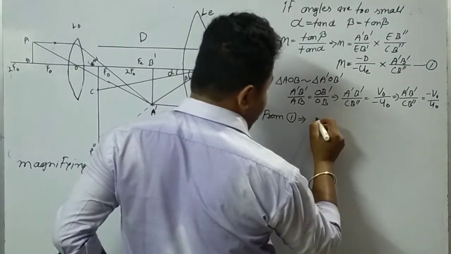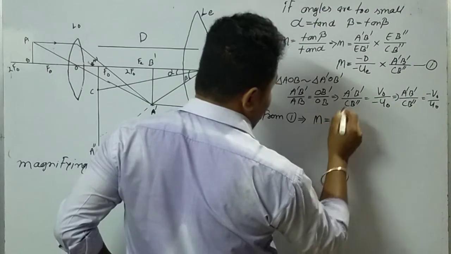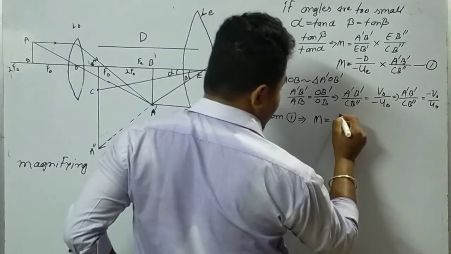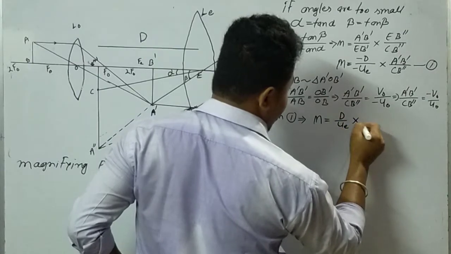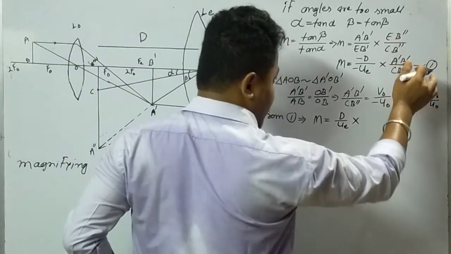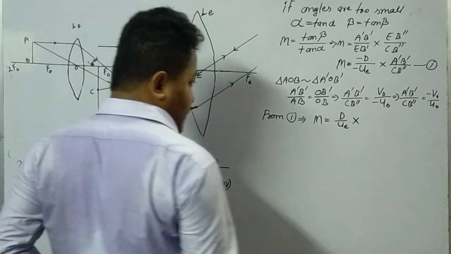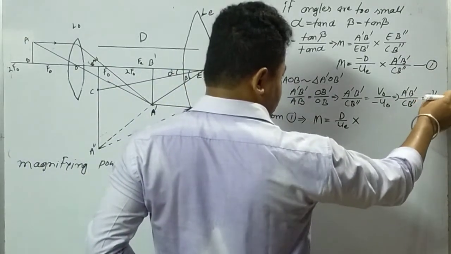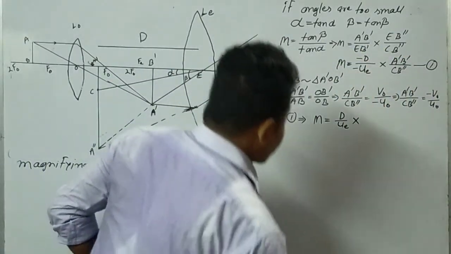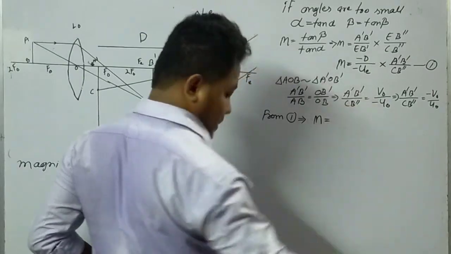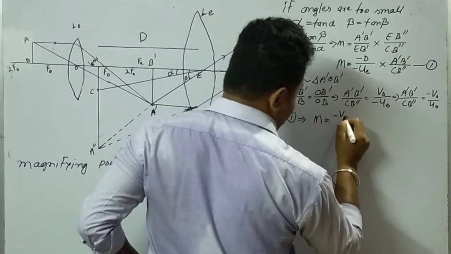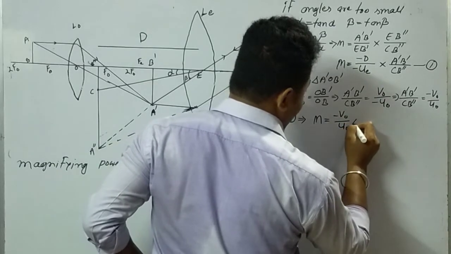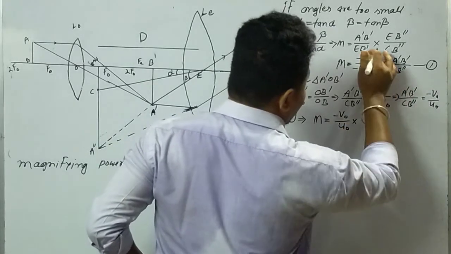That M is equal to minus minus will be cancelled, so it will have D by uE into, in the place of A'B' by CB'', we'll put the value minus vO by uO. So this is minus, so I'll write it before, minus vO by uO into D by uE.